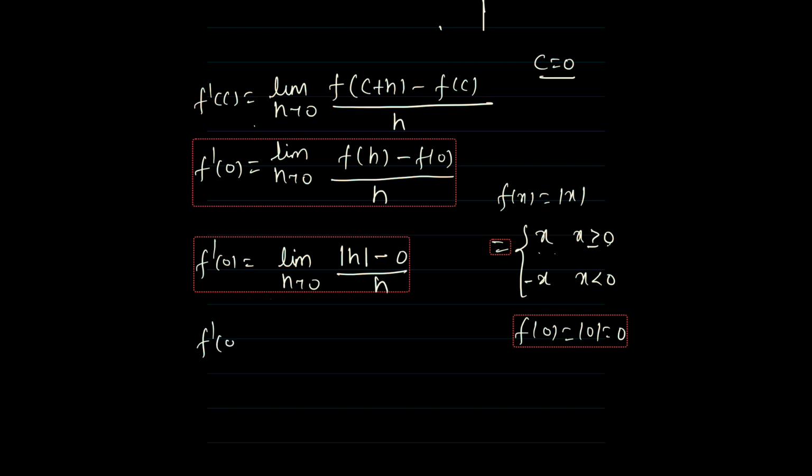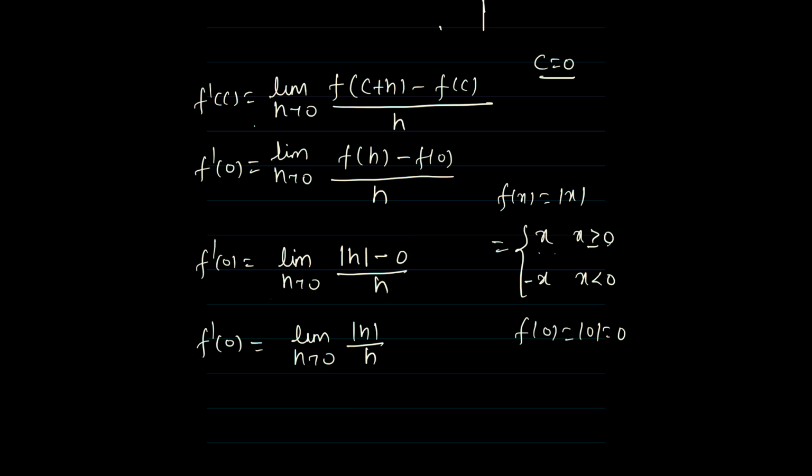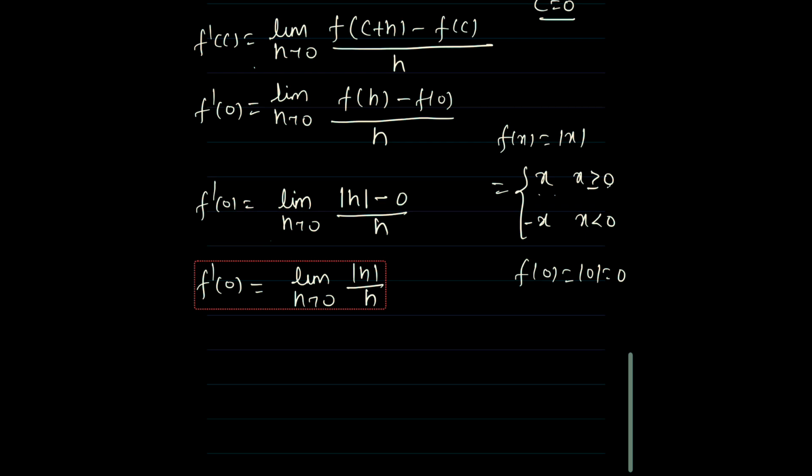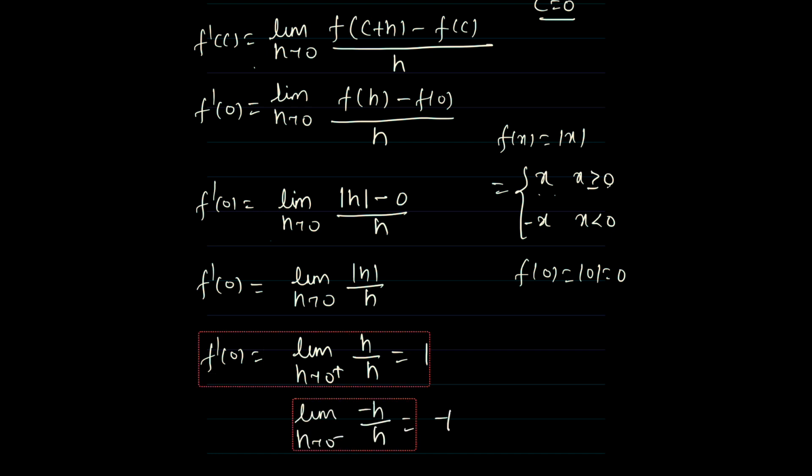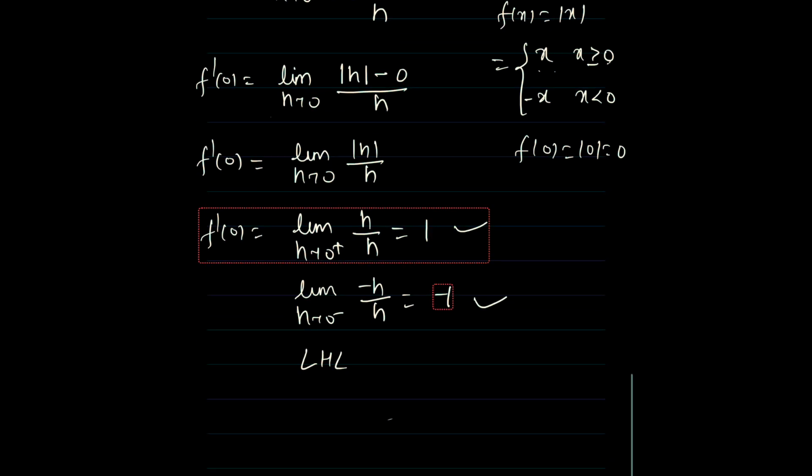We have seen in the previous lecture whether the limit of this function exists or not. I will tell you again: the limit as h tends to 0 plus of h by h equals 1, and the limit as h tends to 0 minus of minus h upon h equals minus 1. The left hand limit and right hand limit are not equal.